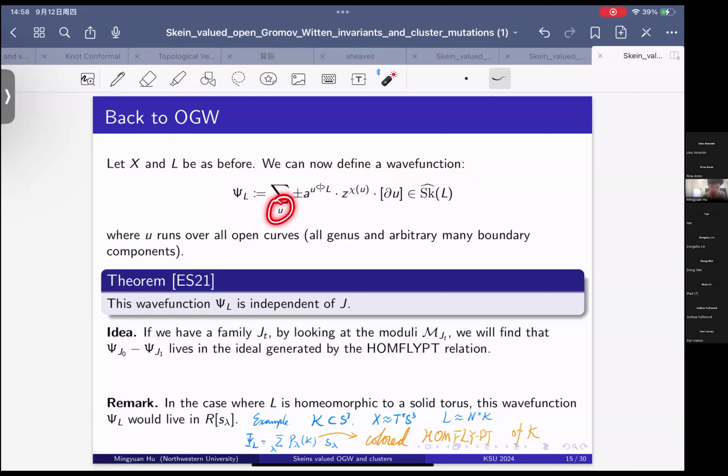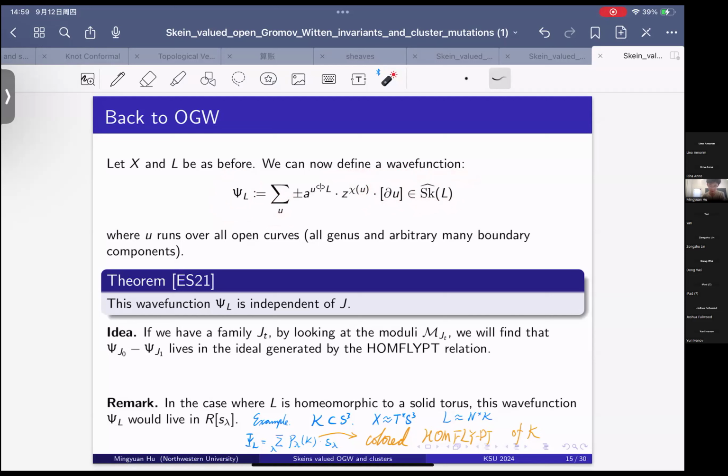We take all curves, where U runs over all open curves, and we should remember the information from its boundary. The contribution of a curve is its boundary as a link inside L. They also record the information of its genus.